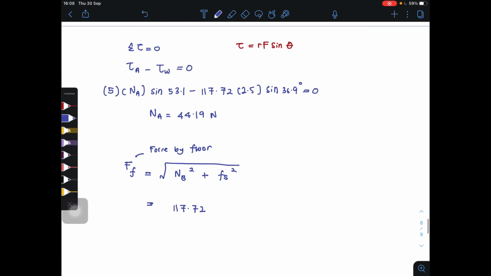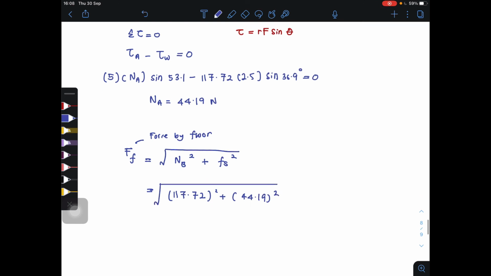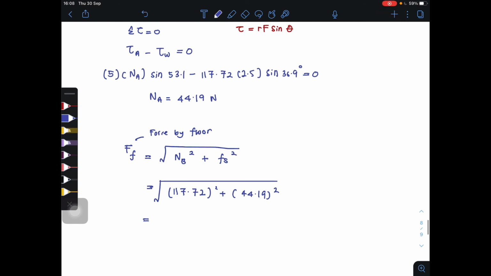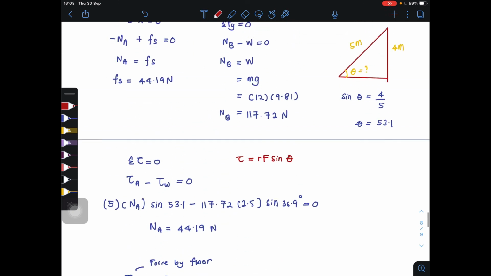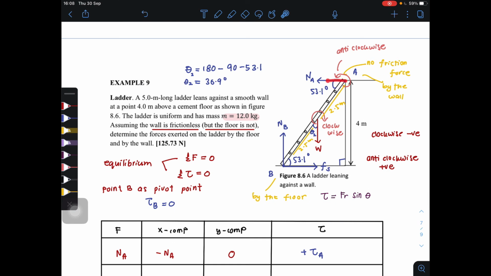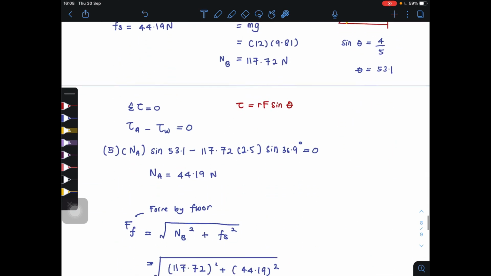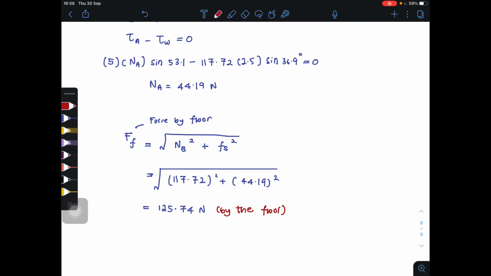Is it? Okay, yes. Square plus dengan FS 44.19 square. So kamu akan dapat 125.74 Newton. So this one is by the floor. And then by the wall ada satu saja, which is NA. So kita boleh terus start this one. This value is the force by the wall.